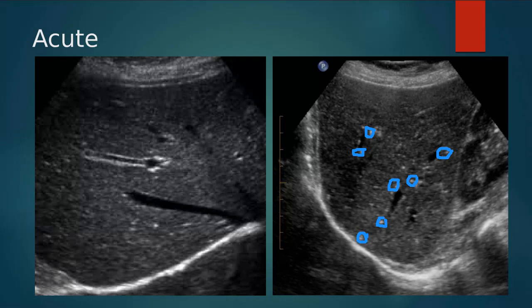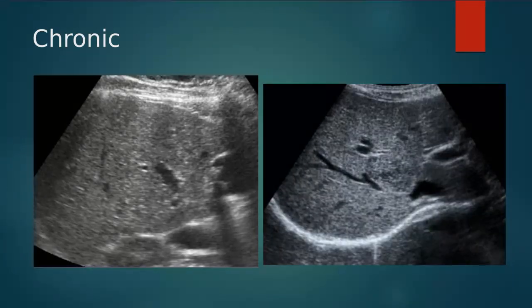So we're not seeing anything overwhelmingly obvious when it comes to hepatitis, especially acute hepatitis. We're mainly going off of those clinical symptoms and that blood work. Now, when we have chronic, we're like, okay, this liver is starting to look a little bit different, but we could very easily confuse this with fatty infiltration. So we need to be going off of that blood work.